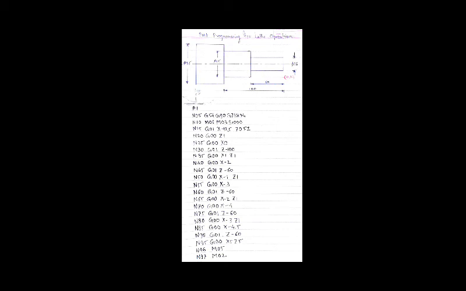Okay, and after that G00 is for rapid traverse, G01 for linear interpolation, and after that M05 is for spindle stop, M02 is for the end of the program. Okay, so in such a way we can do the part programming for the lathe operation to perform turning.